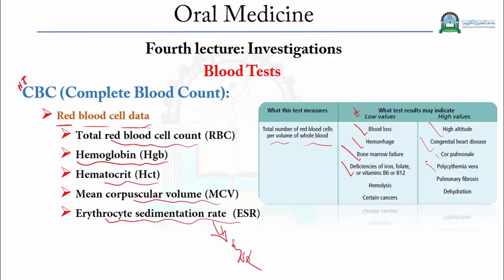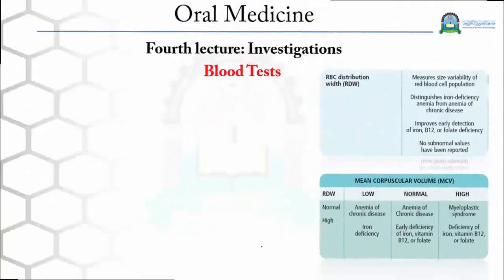Polycythemia vera also presents with high values of RBCs on the complete blood count. This polycythemia vera indicates a stem cell disorder. And we have pulmonary fibrosis and dehydration. All these conditions indicate high values of the test.